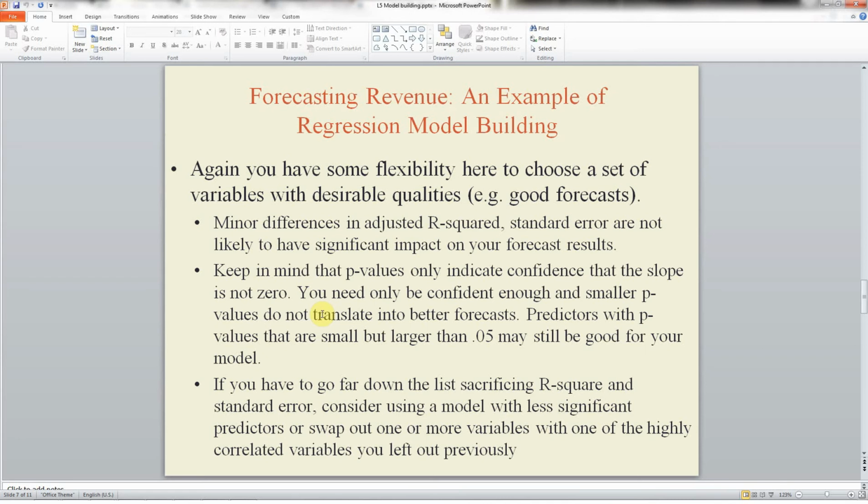We do have some flexibility in choosing what we call the best model. So we do want things that have a high R squared and a low standard error. But if the R squareds are both high, like if they're both in the 0.9 something, minor differences in R squared and minor differences in standard error aren't really going to make a difference to your forecasts very much.